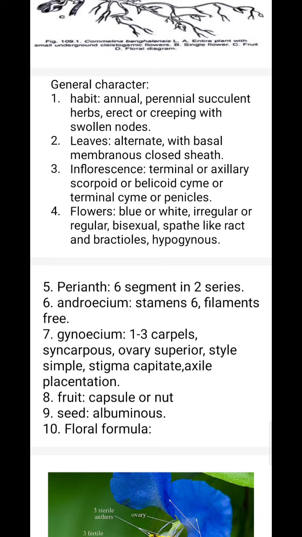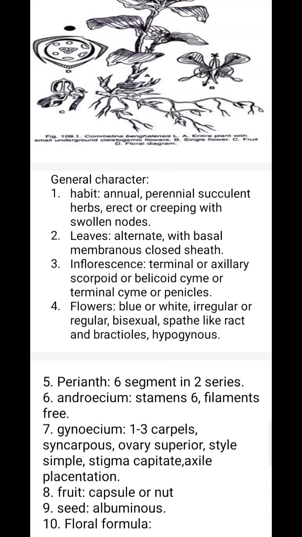It is also a succulent herb because the leaves of this plant show some succulent structure. These plants are erect or creeping with swollen nodes. जो नोड्स है वो हमें कुछ सोलन मतलब सोलन्स नोड्स यहाँ पे प्रेजेंट रहेंगे, और जो प्लांट है वो इरेक्ट या तो क्रीपिंग में हमें दिखाई देता है.